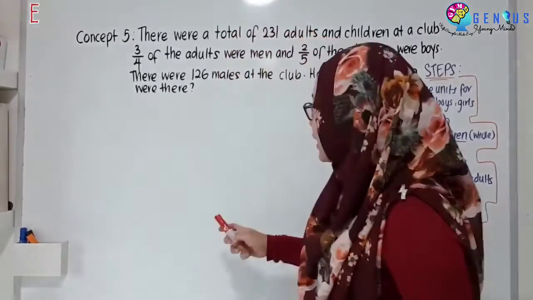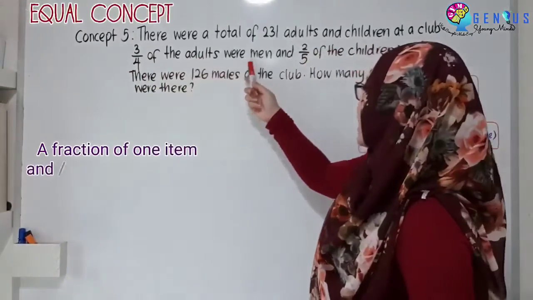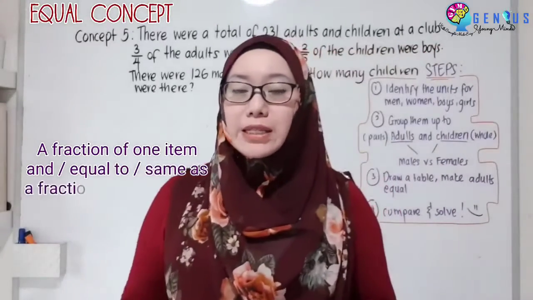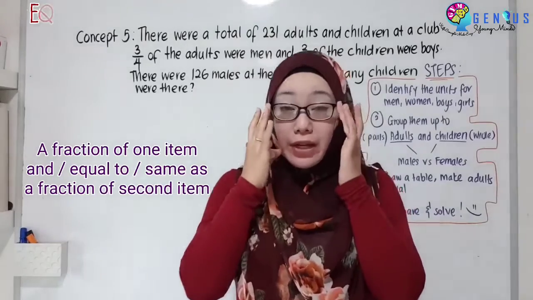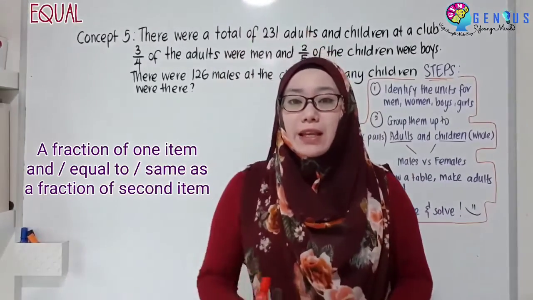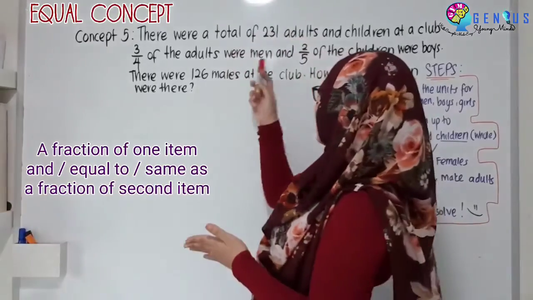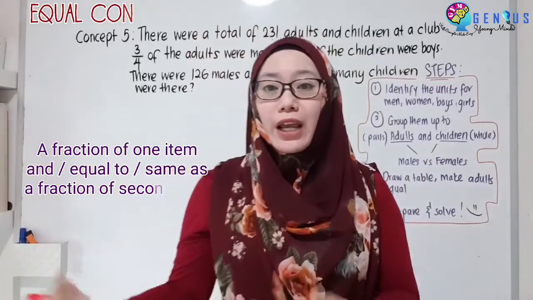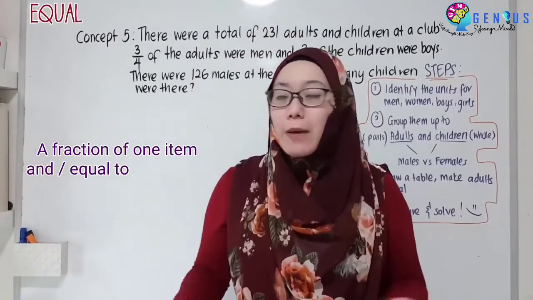Where is it? It is this: 3/4 of the adults were men and 2/5 of the children were boys. I always mention this to my students and also the parents: whenever you see a fraction of something and then a fraction of another thing, they are actually telling us this is equal concept.